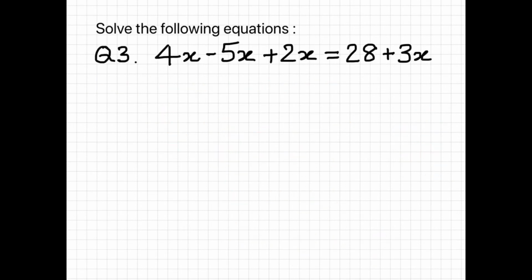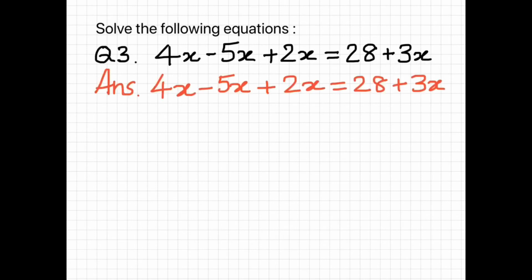Next, let us look at the third question. 4x minus 5x plus 2x is equal to 28 plus 3x. In this equation, on the left hand side, we have all the terms containing x.